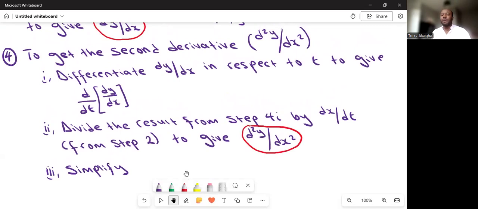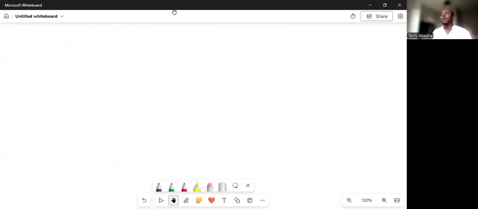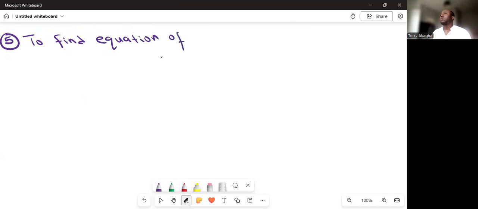Now, in some cases, they could ask you also to find the equation of a tangent and normal. So that will be step 5, okay? So step 5 now, you could be asked to find the equation of tangent and normal. All right?